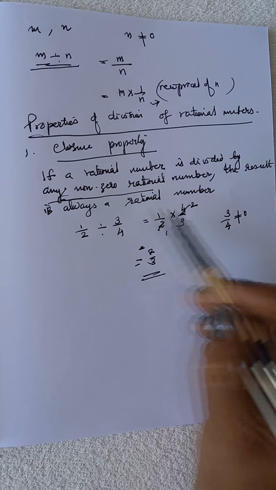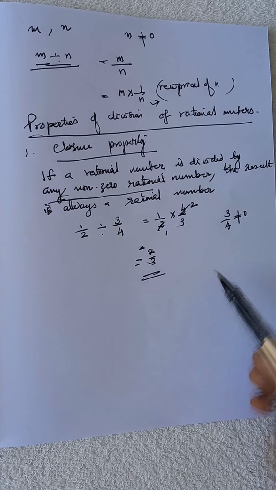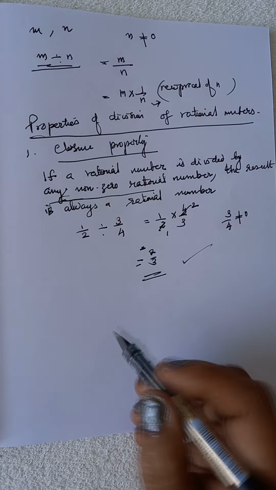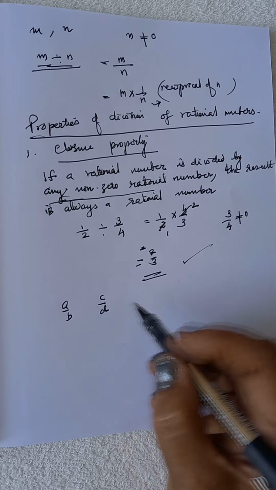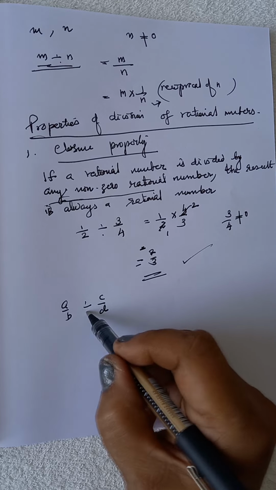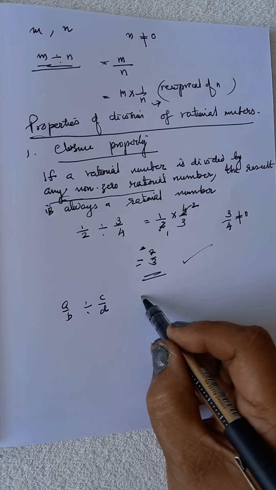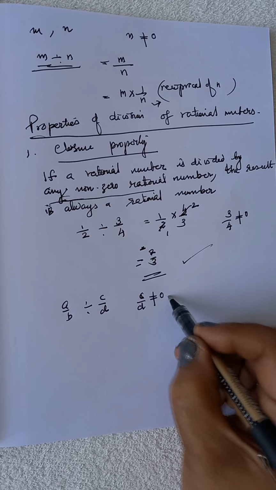Now if A by B and C by D are any two rational numbers, A by B divided by C by D is a rational number provided that C by D is not equal to 0.